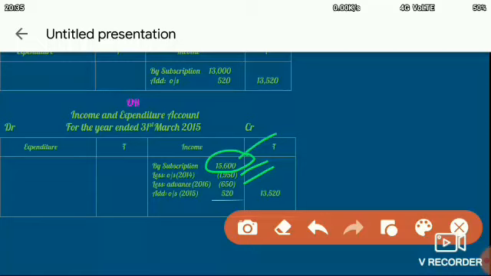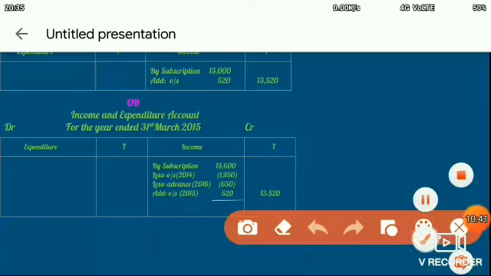So these two amounts have to be removed because they are for another period. After adjustment we should add the accrued 520, and we get the actual subscription for the current year, that is 13,520. So in our account we can show it in either of these ways.